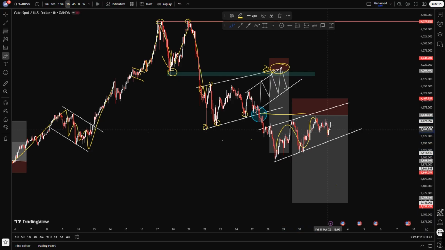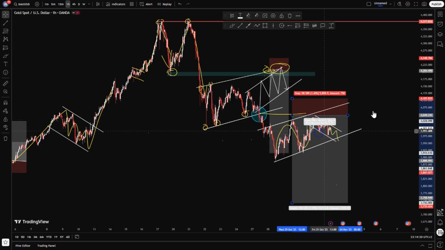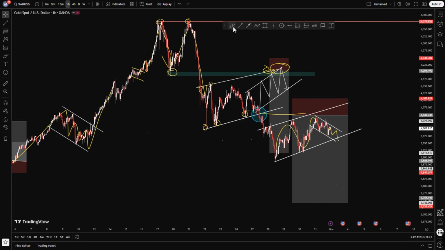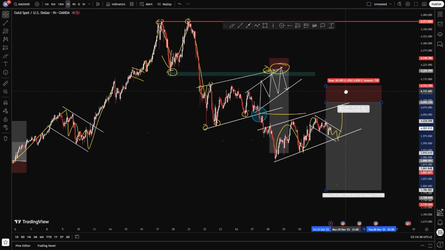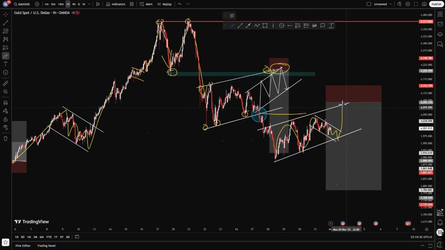So maybe from here, price might drop to the downside slightly and give us a bullish pattern like this before it starts pushing to the upside. And maybe around here we might get another opportunity to place a sell position, because there's a high chance that price might drop again to the downside, right?